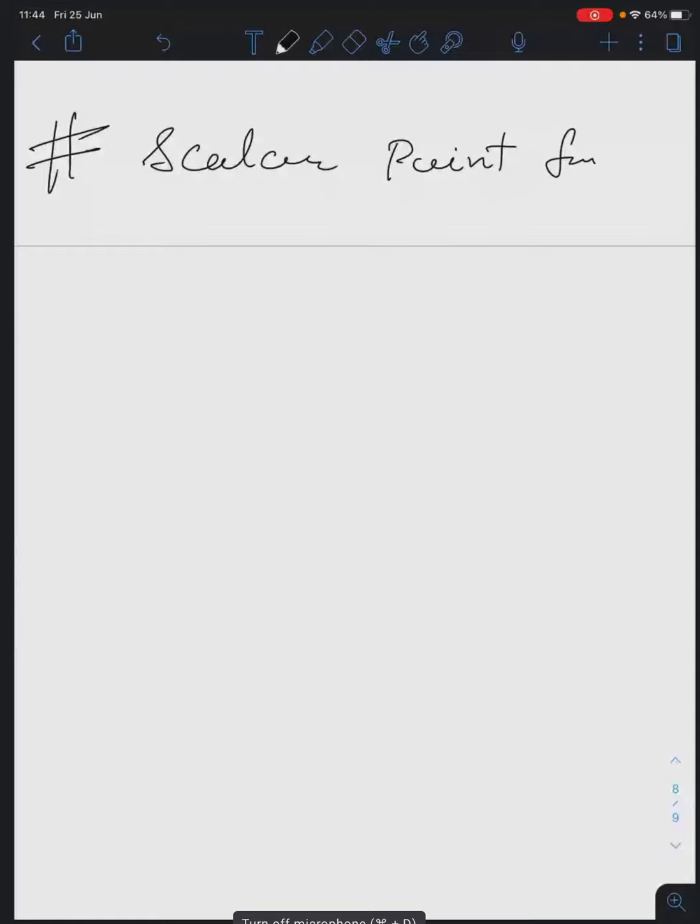Scalar point function. When a function is said to be a scalar point function, you consider a region in 3D space. Now to each point, suppose you associate a real number. This real number is called a scalar point function.